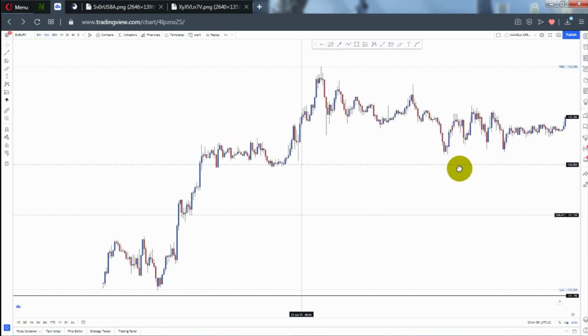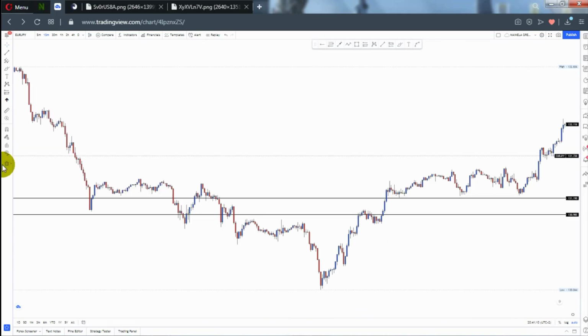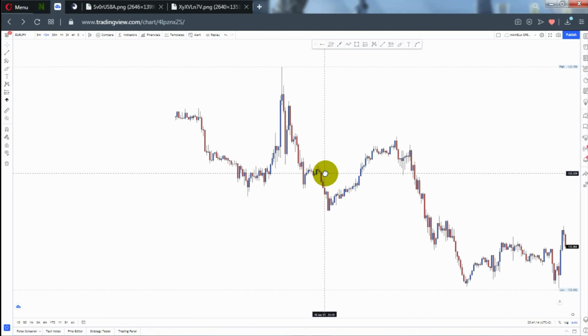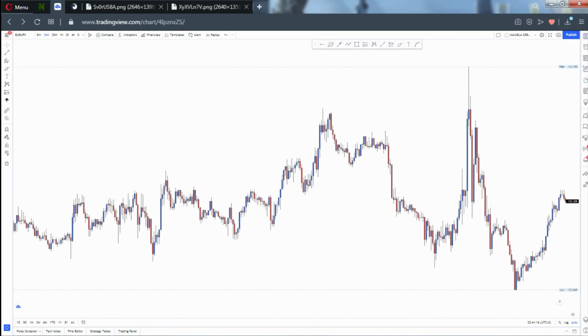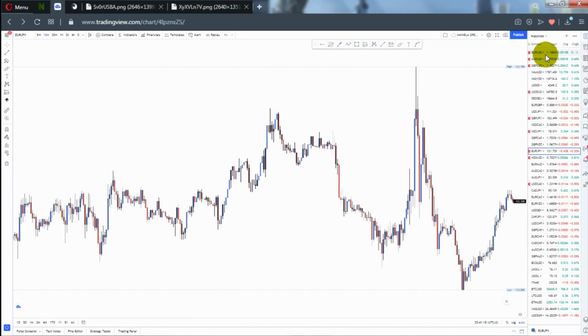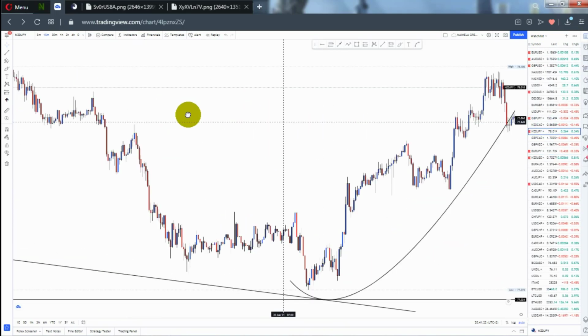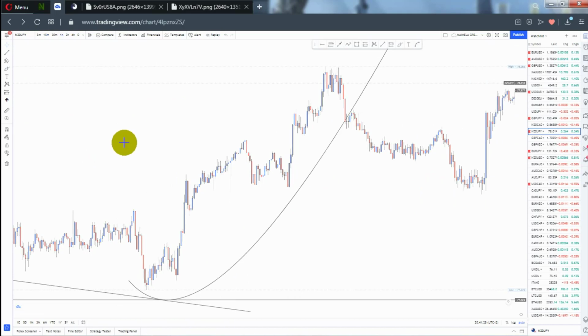Let's go to smaller time frame. Okay, I don't see anything here. Let's try NZD JPY. Let's go to 1 hour.